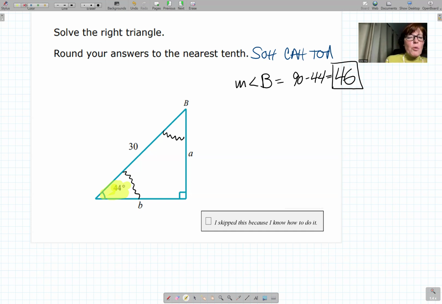Now, since we started with the 44, and that's what's given, we're going to use that as our reference angle, even though we have the measure of this angle now, which is 46. And we're going to label A as the opposite, B as the adjacent, and 30 is the hypo.